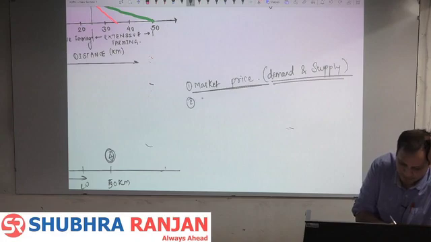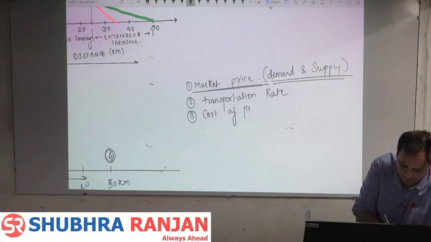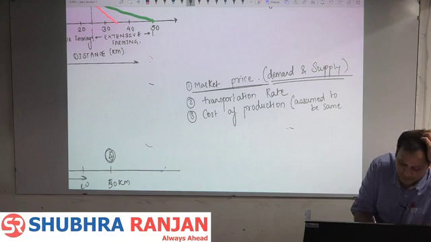Second, transportation rate. Third, cost of production. ब्रैकेट वाली चीजें लिखने की जरूरत नहीं.